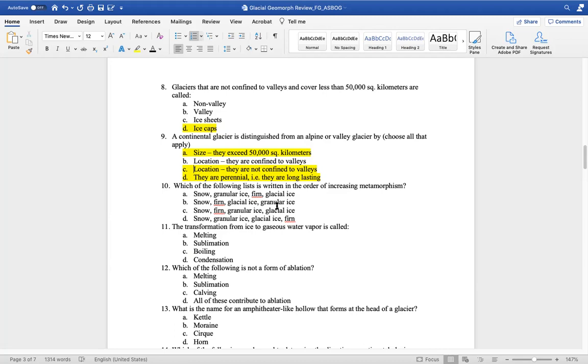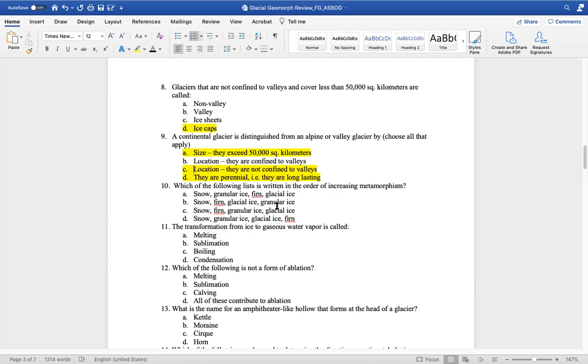So not everyone would use granular ice in their list. Some people would only include snow, firn, and glacial ice as the increasing transition, and this refers to increasing density of snow.